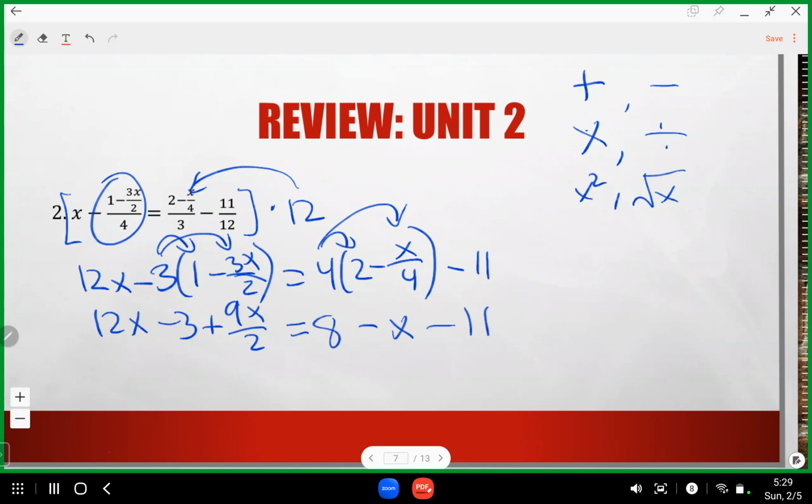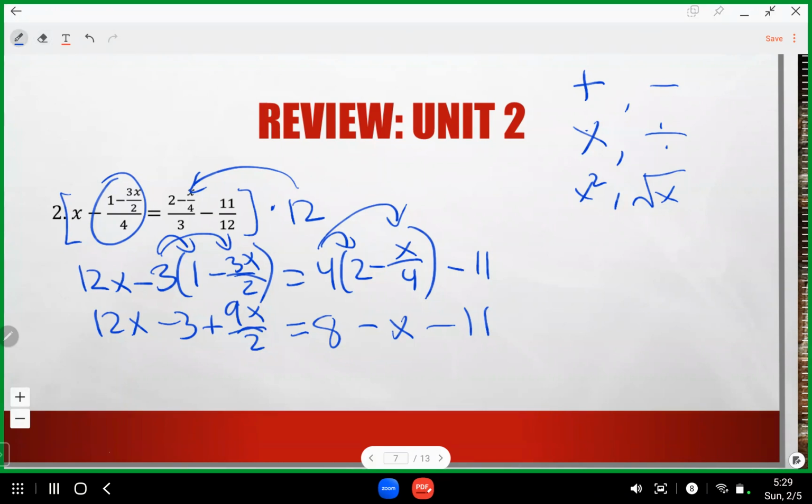As you can see, we still have this 2, and we don't want this. First, let's just combine like terms real quick. The point of doing inverse operations is to isolate the variable, right? So let's move the variable to one side and the numbers to the other side.